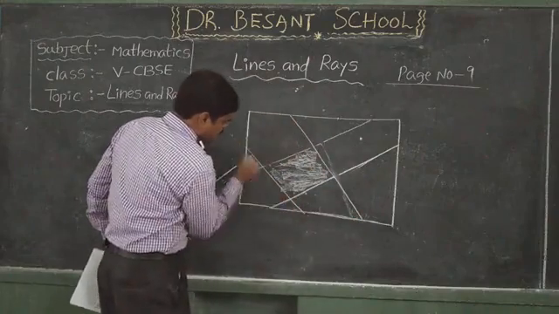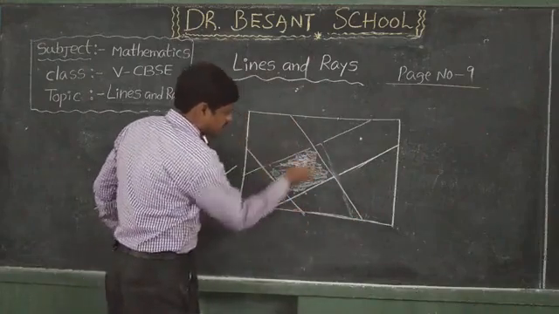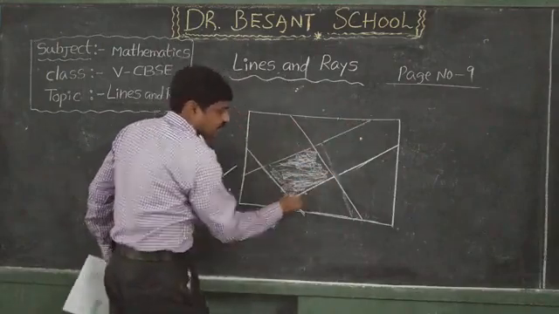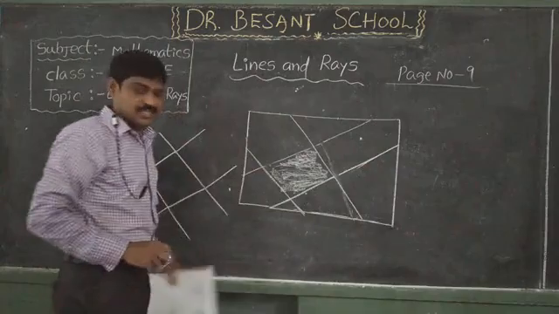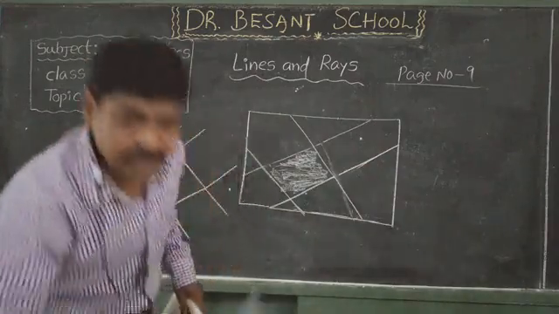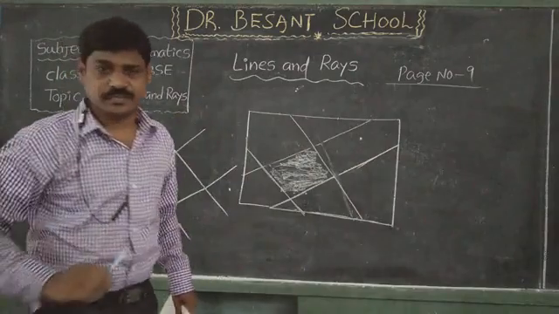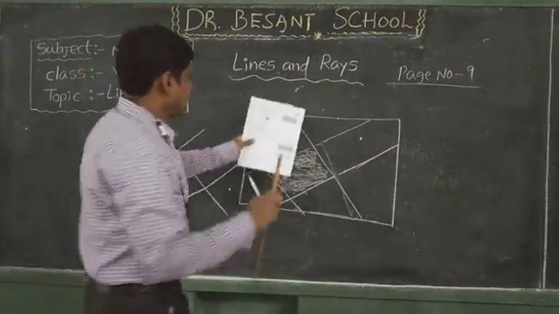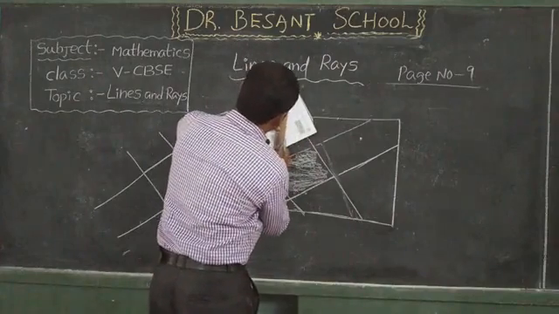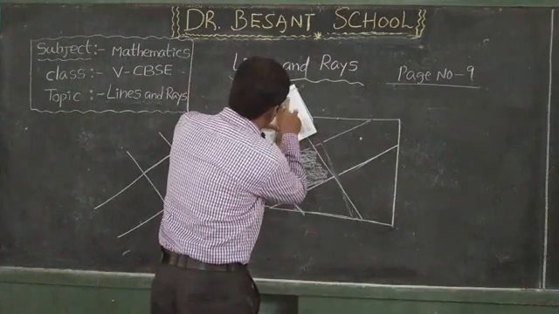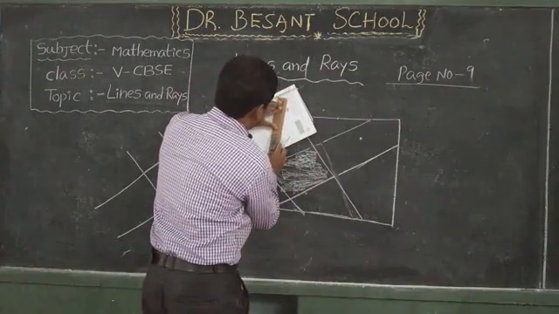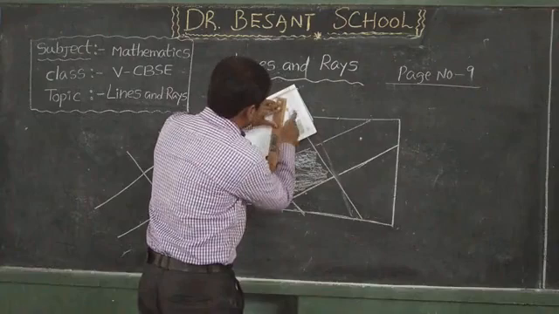This line segment you have to extend like this, this one like this, and this one like this. Observe this. Take a pencil and scale, and extend through the same, drawing the line segment.